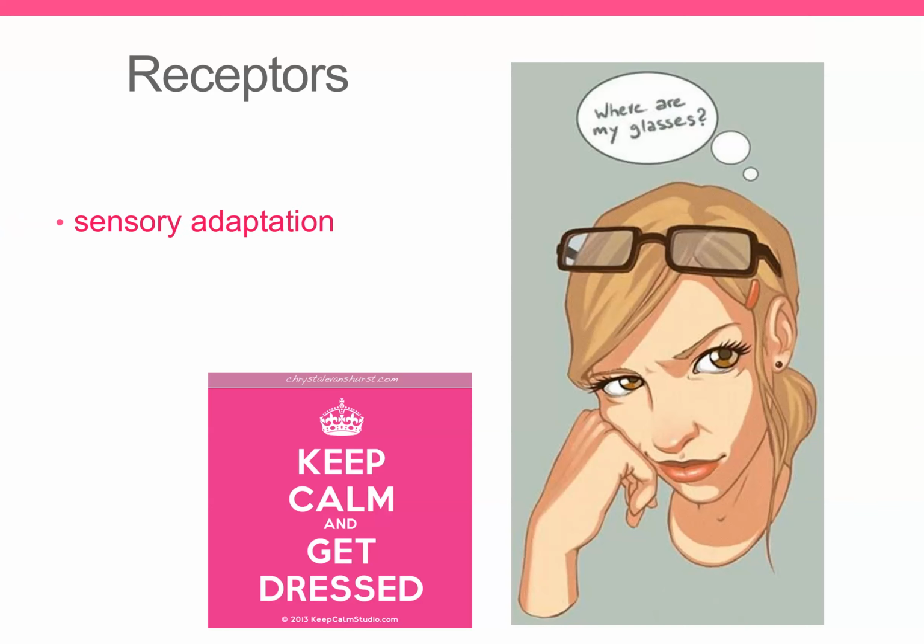So another thing is called sensory adaptation. I'm sure you've all had similar experiences where you put your glasses on your head, or maybe it's a necklace that you forgot you were wearing, or your earrings or something like that. You kind of forget about it after a while. So that's this thing called sensory adaptation.